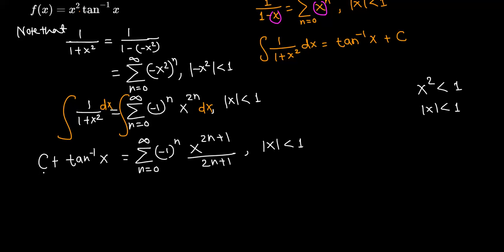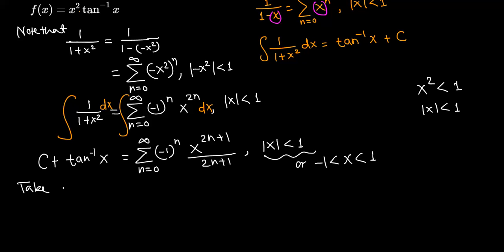Now we need to figure out the value of c, because this is an arbitrary constant. For that, because this is true for all values of x when absolute value of x is less than 1, which is the same as x between negative 1 and 1, let's take x equals 0 to figure out c.